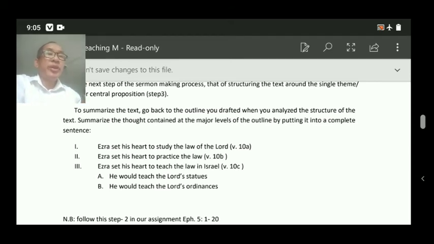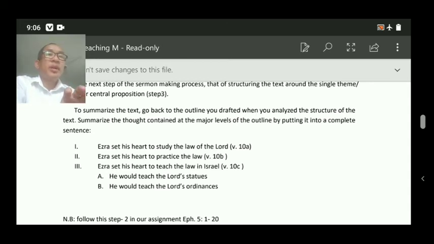Now do this one in Ephesians chapter 5, verses 1 to 21. I hope you are doing it, because you have to bring all that assignment at the time of your coming to the college. If you don't do this, for this subject, you will not be graduating.